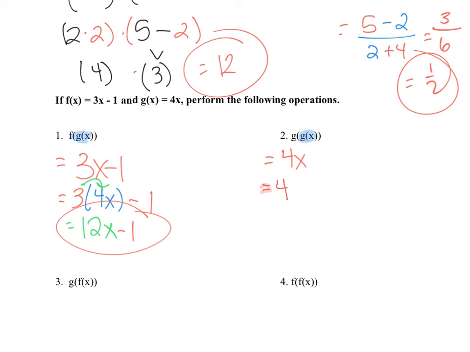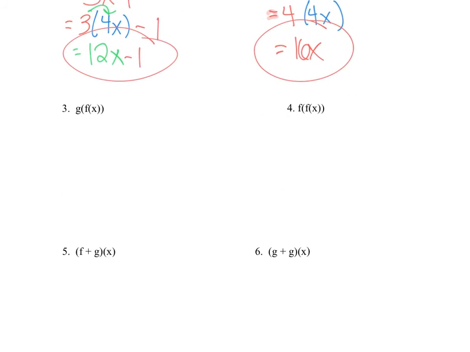Every time I see a what? 8x. Good. Now, remember, that X here goes away. You're substituting for it, so it does not stay there. It has to disappear, okay? What's 4 times 4x? Good. On to the next.